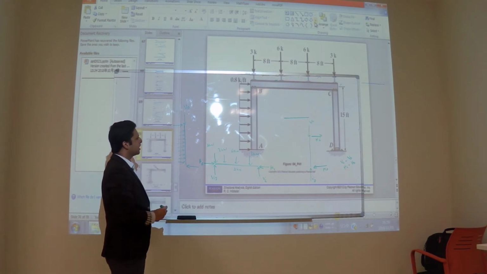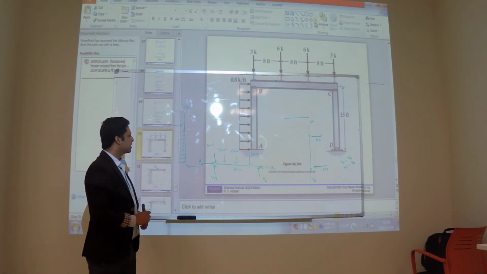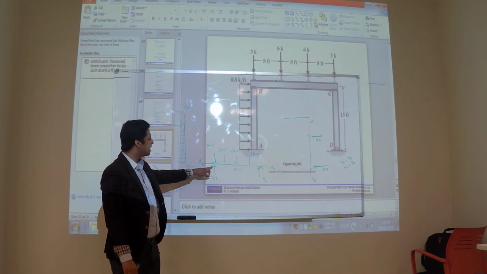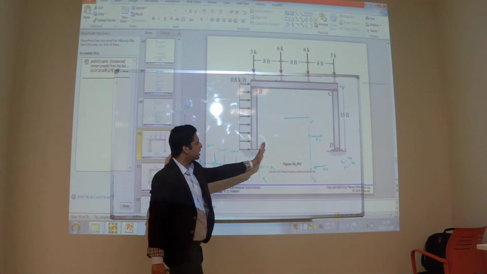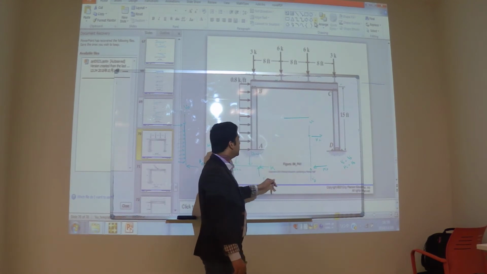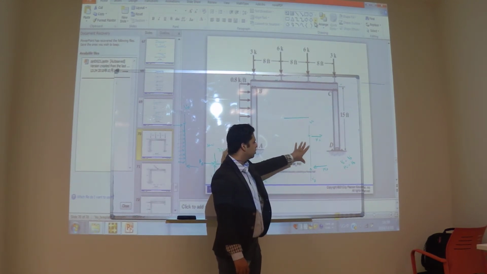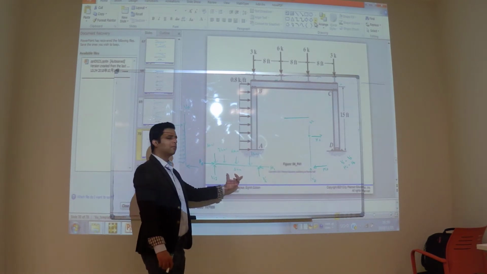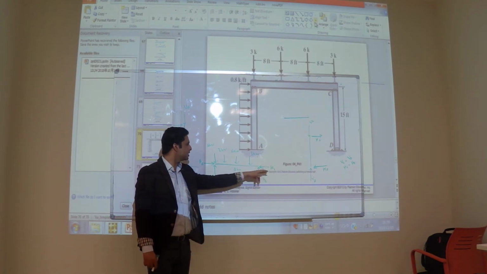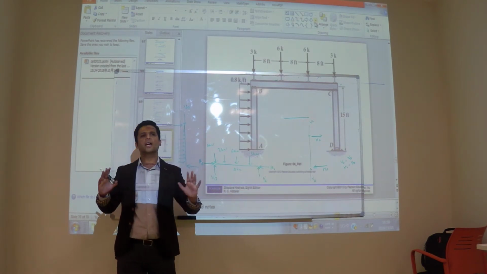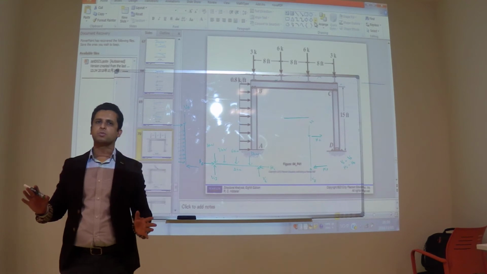Let me tell you one thing. You can also take the moment at this point. You can start from here. Once you have VC, you can draw on this member the shear force and bending moment diagram. HC and HB are not producing any shear force and bending moment.